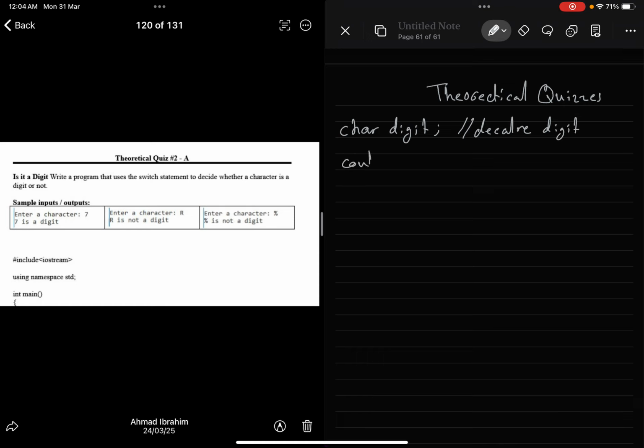Cout. So first of all it will ask enter a character. Cin digit.